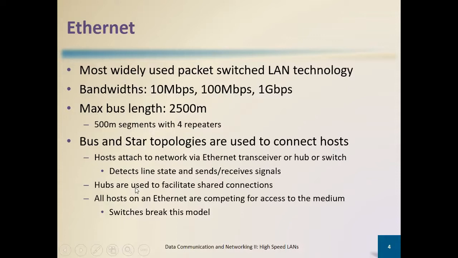Like I was mentioning earlier, hubs had a really terrible way of handling shared connection. So switches were used to break that model to help make sharing of the medium a lot more efficient and effective in terms of transmission.